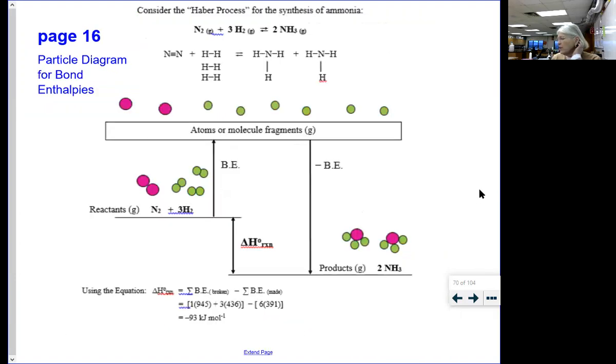Whereas on page 16, where I have the visual for bond enthalpies, the orientation of this bond enthalpies is that to break bonds, which is what you do to reactants, is what the number represents. So here you have bond enthalpies of reactants representing broken bonds, and then you have to negate that value to represent the bonds that are formed.